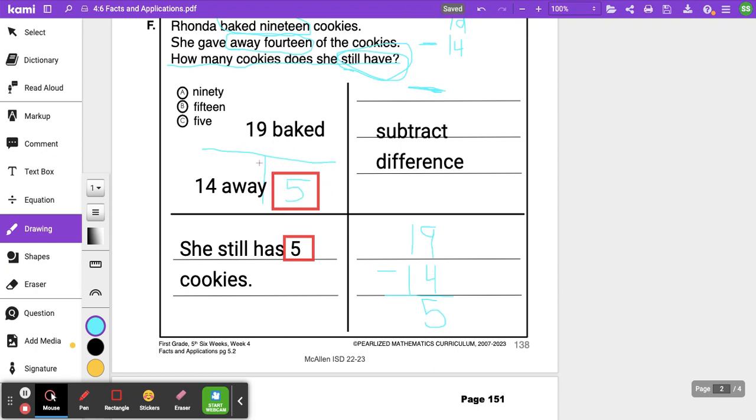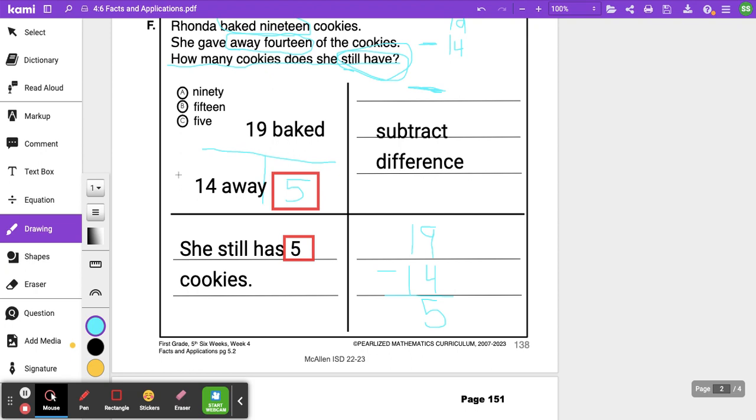I did show that I understood the problem, made a plan, I solved it, and then I also evaluated my answer. Does that make sense? If she had 19 cookies and gave away 14, would she have 5? Yes, that makes sense because 5 is less than 19. So that makes sense. It could work.